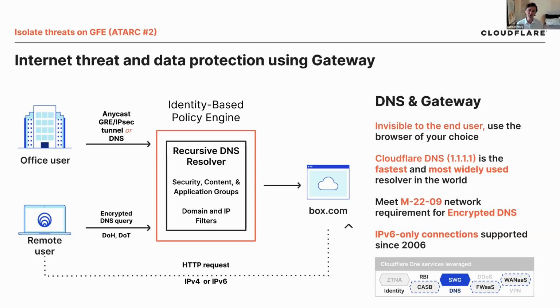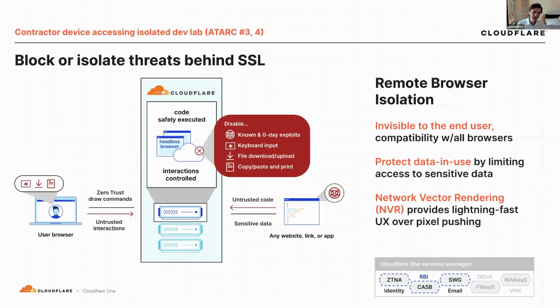We want to take everything we've done in the last decade, accelerating connections around the internet, using our own global backbone to make sure that traffic is moving even faster than it might normally on the internet, and deliver that to users just connecting out to the internet, which is really powerful for organizations of any size to deliver full security without compromising speed.